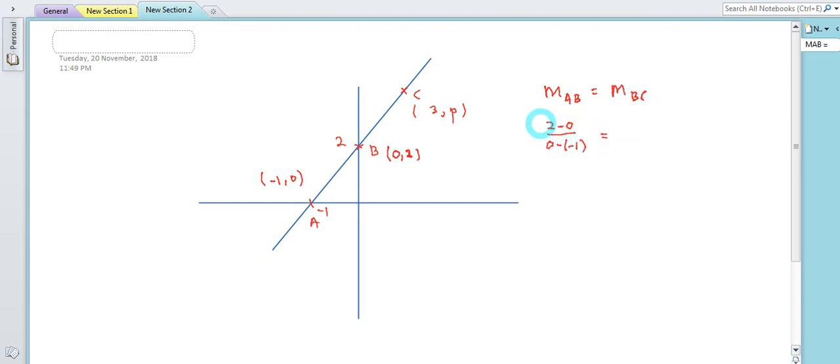Okay, m of BC, always remember y on the top, 3 minus 0. Okay, this is 2, this is 1. Here you have p minus 2 over 3. So 3 times 2, you get 6. This one is p minus 2. So p is equal to 8. Okay, now you get the value of p.